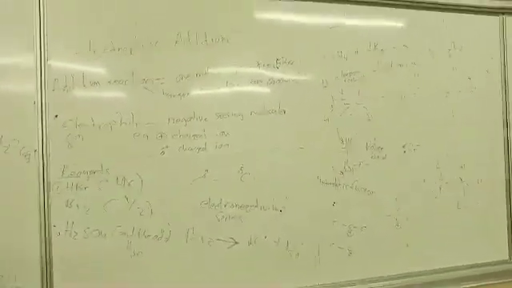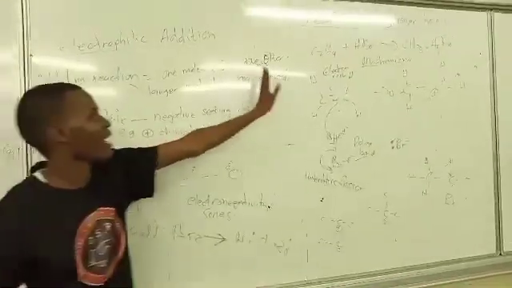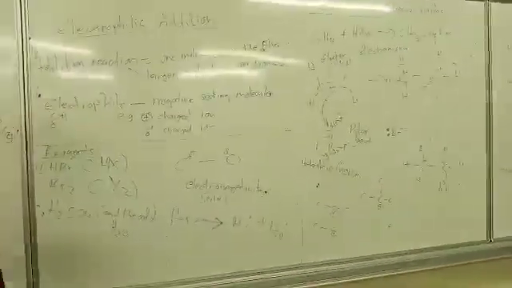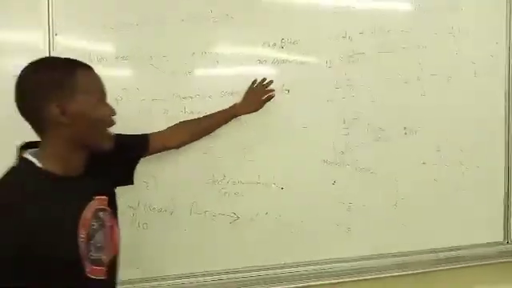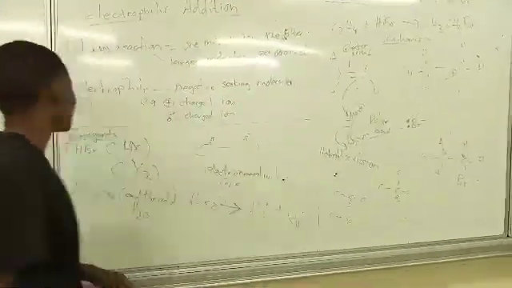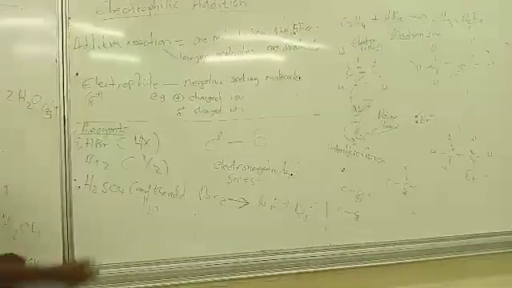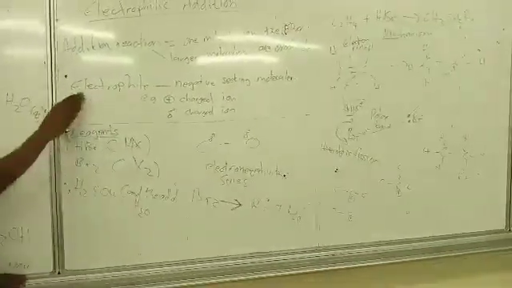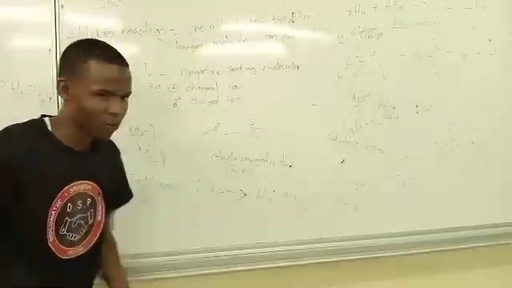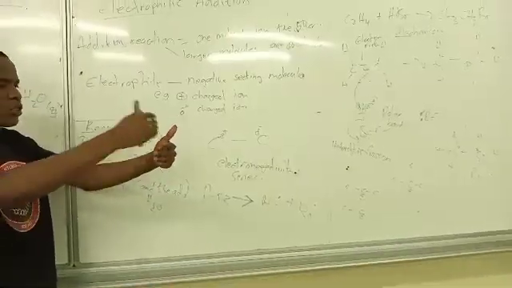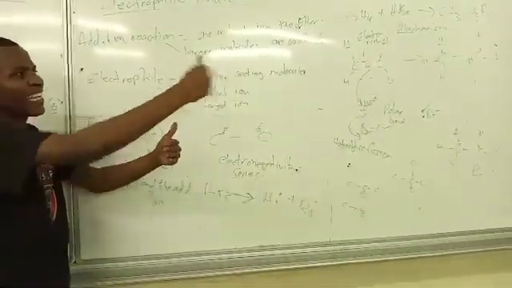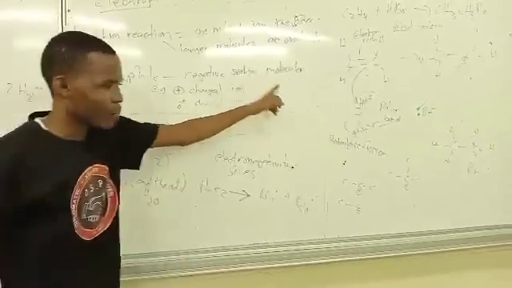You need to understand that an addition reaction is a reaction whereby a molecule joins other molecules, and most of the time it results in larger molecules. But let us understand the term electrophile. What is an electrophile? An electrophile is a molecule that seeks a negative centre, so it always wants to be attracted to a negative molecule.